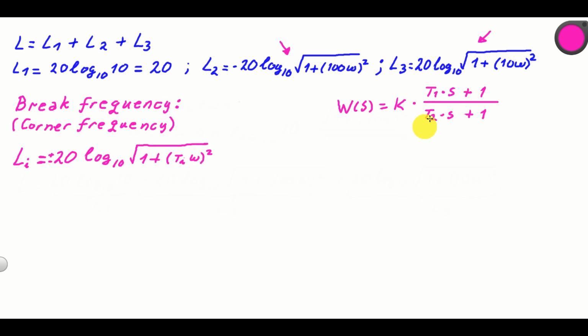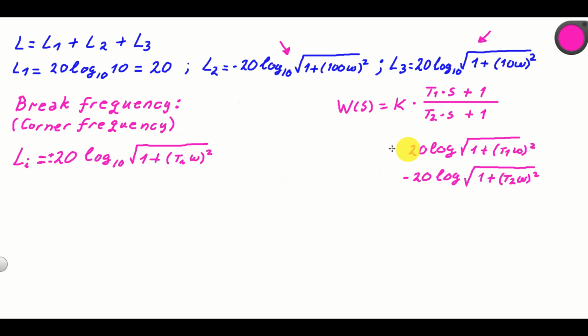In this case, the term will be 20 log square root of 1 plus t1 omega squared, and the corresponding term in the denominator will be minus 20 log square root of 1 plus t2 omega squared. And that's precisely this.